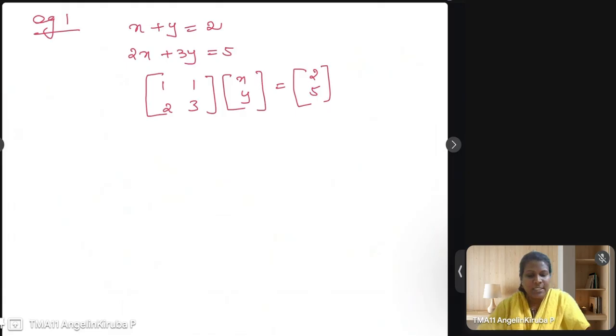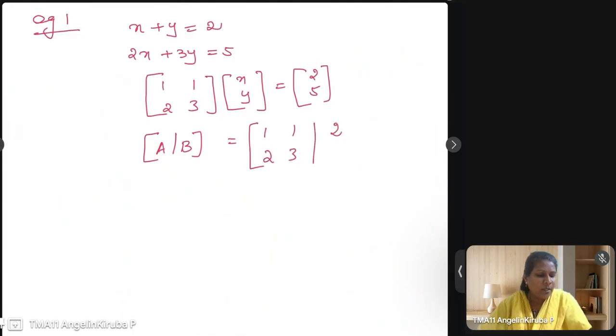Now I am going to write this in augmented matrix form. Our augmented matrix is [1 1 | 2; 2 3 | 5], with our constants. Using this augmented matrix, we are going to convert this matrix into an upper triangular matrix.